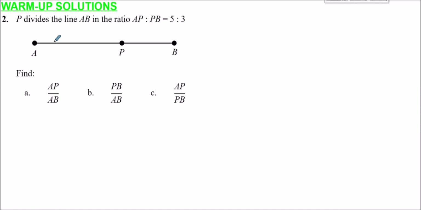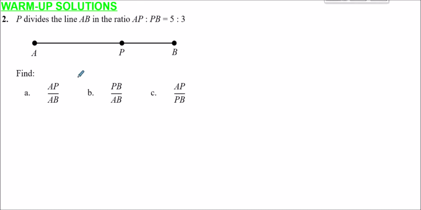Question 2, we have a line, and P is dividing this line AB in the ratio of 5 to 3, where AP to BP is 5 to 3. So P is somewhere on this line. So first of all, for part A, we need to find the ratio, expressed as a fraction, of the length AP to AB.